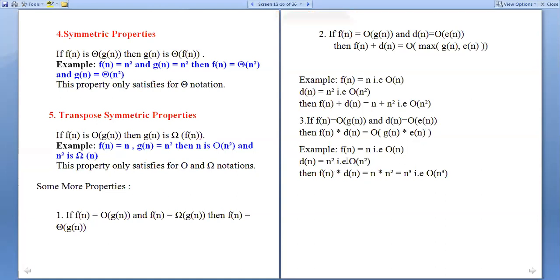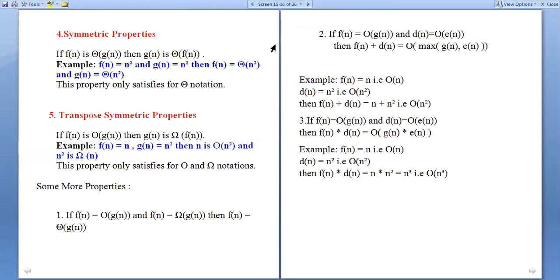Okay, example. If f of n is equal to n, that is big O of n, since this is a linear function. Suppose d of n is equal to n square, which you can represent as big O of n square.